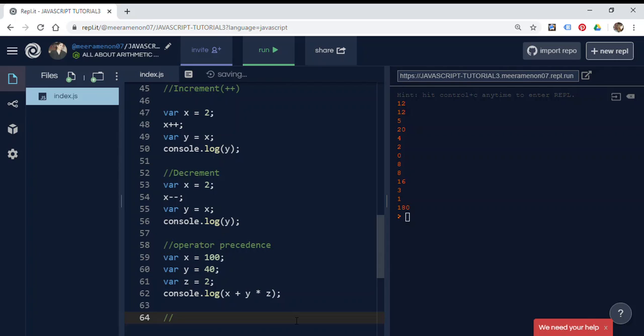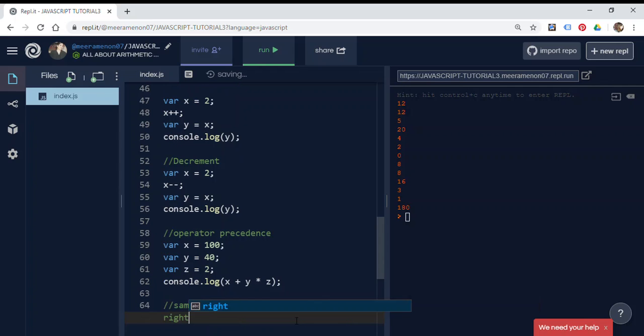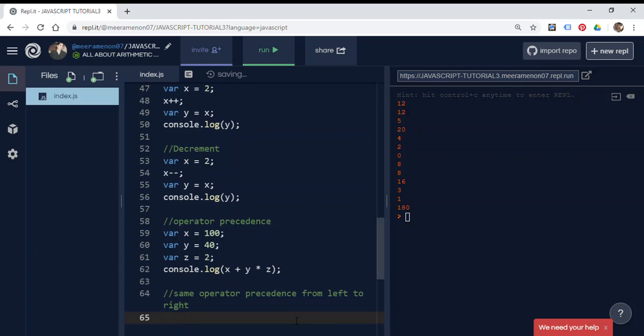Let's say same precedence. What happens here? Okay, in this case, we are just going to use the same precedence operator, that is, addition and subtraction, as I said just now, belong to the same level and importance.